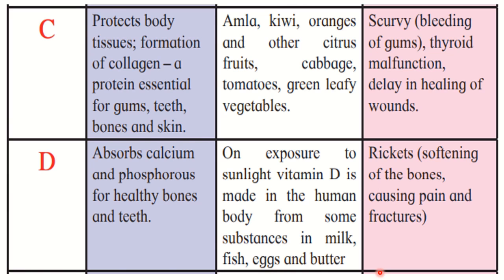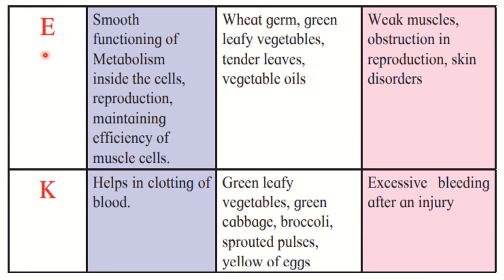Okay, then next we have vitamin E. The functions of vitamin E are smooth functioning of metabolism inside the cells, reproduction, and maintaining the efficiency of our muscle cells. So all these are functions of vitamin E. The sources here are what?